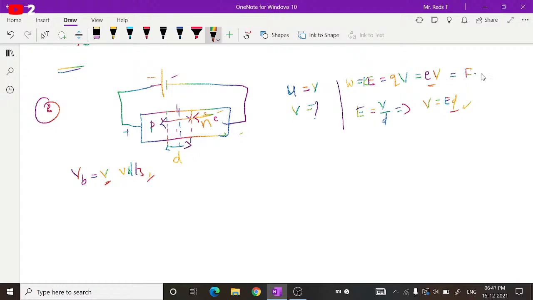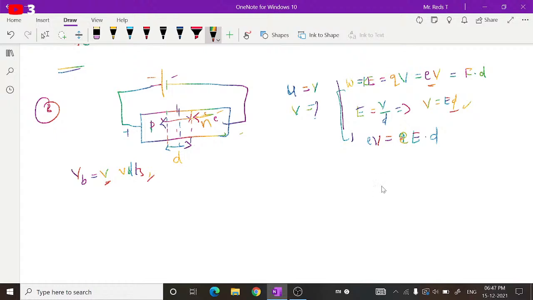The displacement is the thickness of the depletion region, and the force is the electrostatic force. So we can write eV = force into d. The force in an electric field is qE, which here means eE into d.